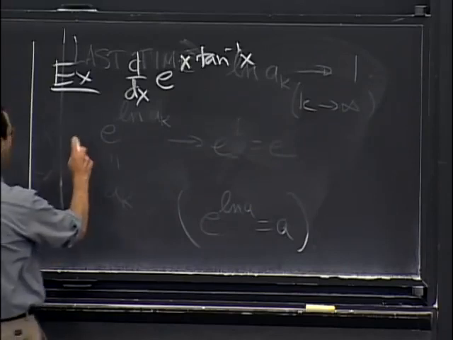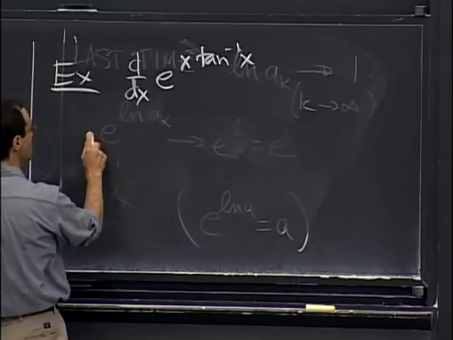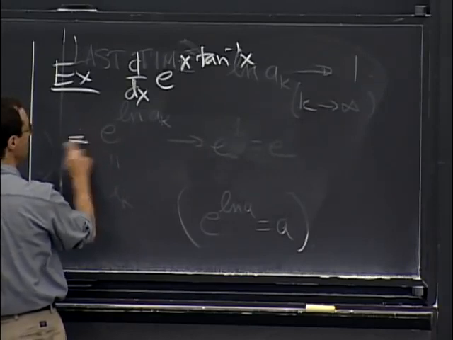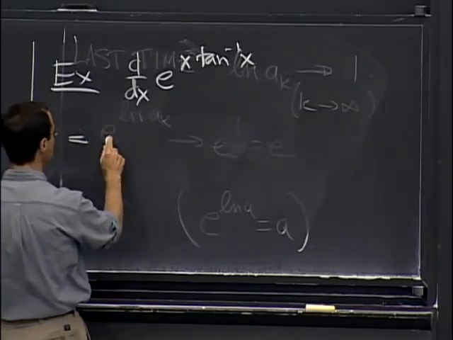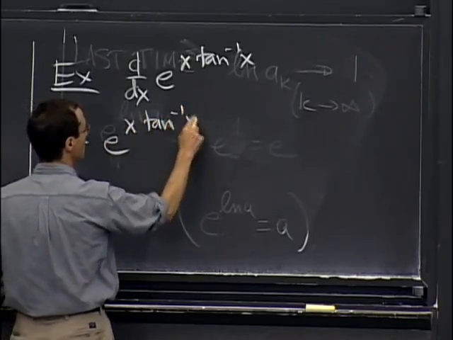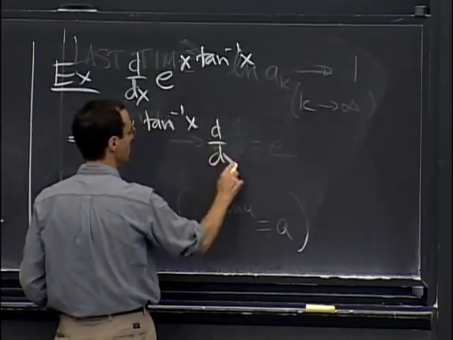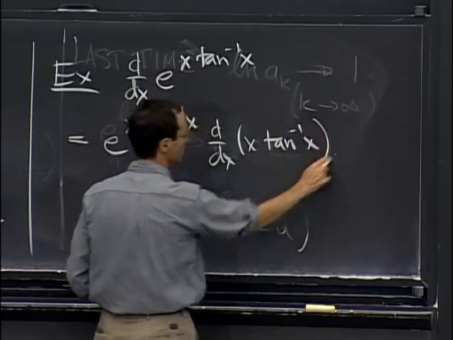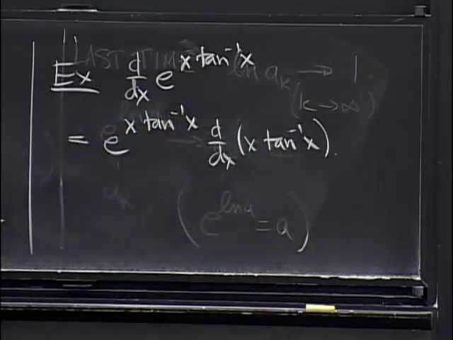So what is it? Well, it's equal to, I have to use the chain rule. It's equal to the exponential times the derivative of this expression here. That's the chain rule at the first step.